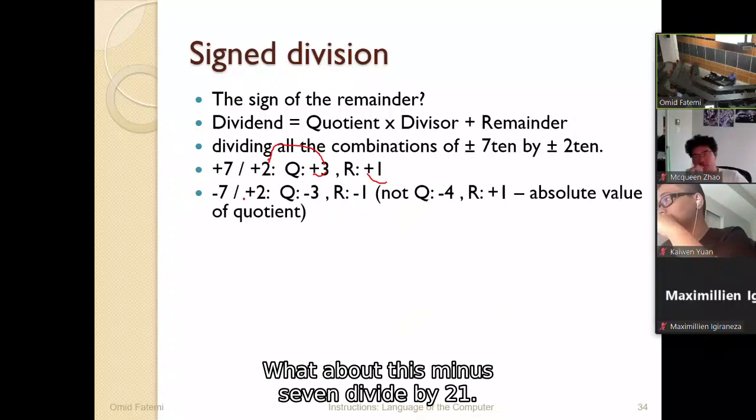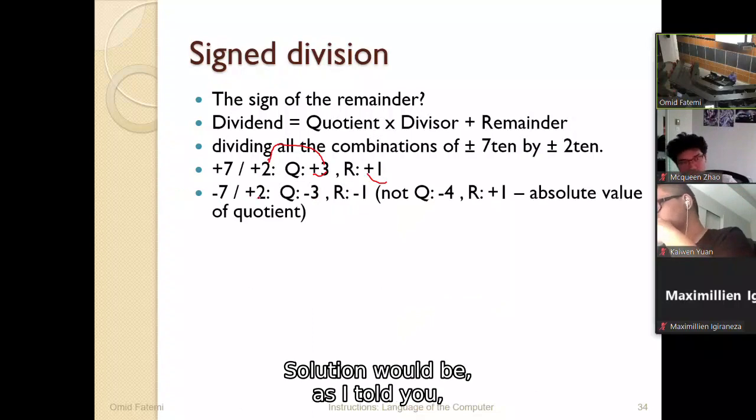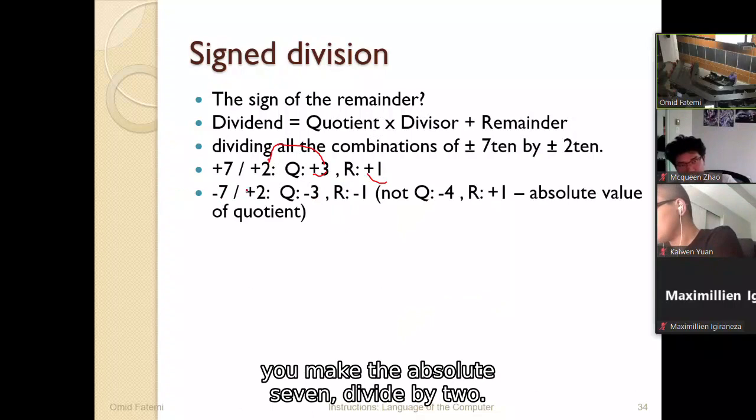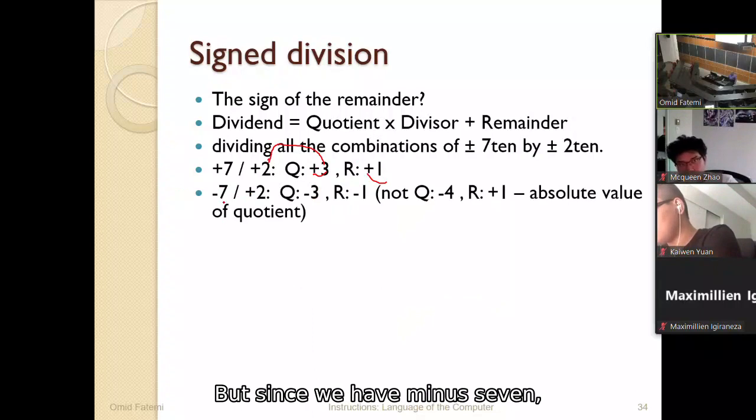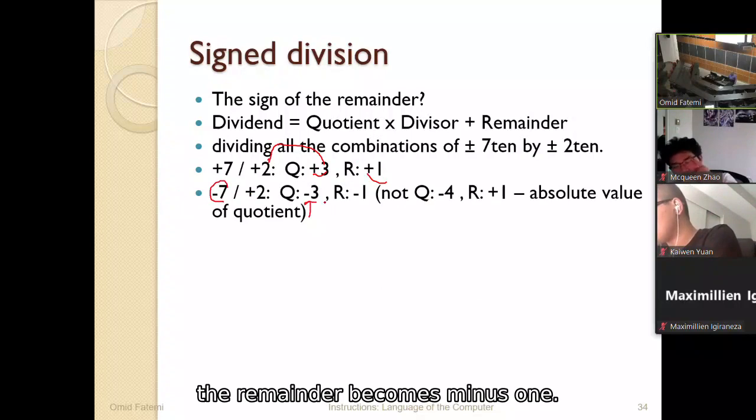So what about minus 7 divided by 2? One solution would be, as I told you, you take the absolute values, so 7 divided by 2, the quotient would be 3 and the remainder would be 1. But since we have minus 7, the quotient becomes minus 3 and the remainder becomes minus 1.